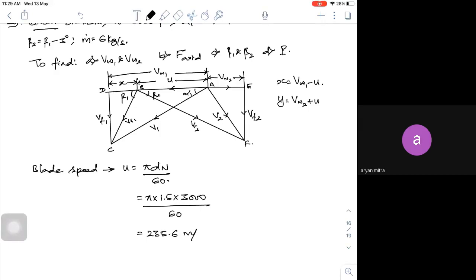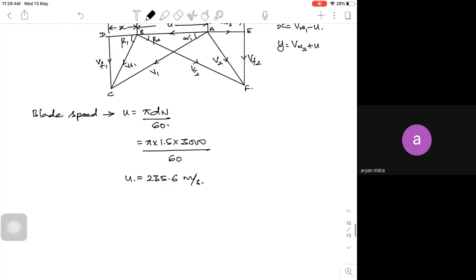This is my blade speed. They have given phi equal to 0.45, which is equal to U by V1, so V1 is equal to U by phi, that is 235.6 divided by 0.45. I get V1 equal to 523.8 meters per second.